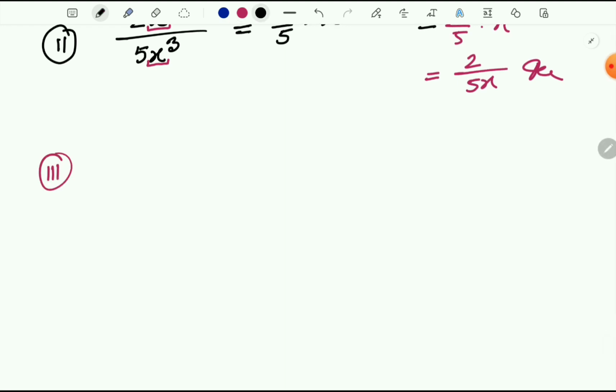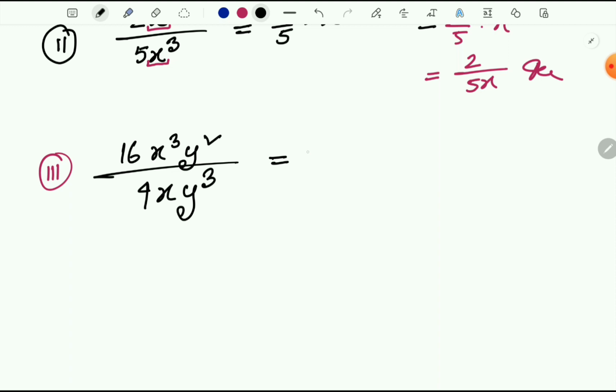Let's do another problem. 16, I'm writing it again, 16x cube y square divided by 4xy cube.